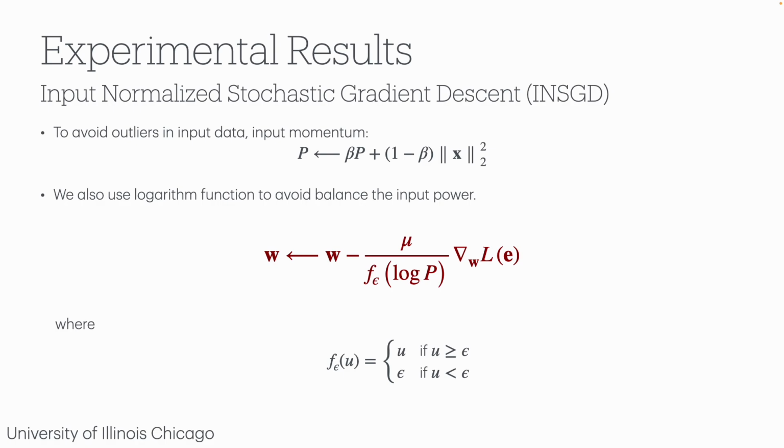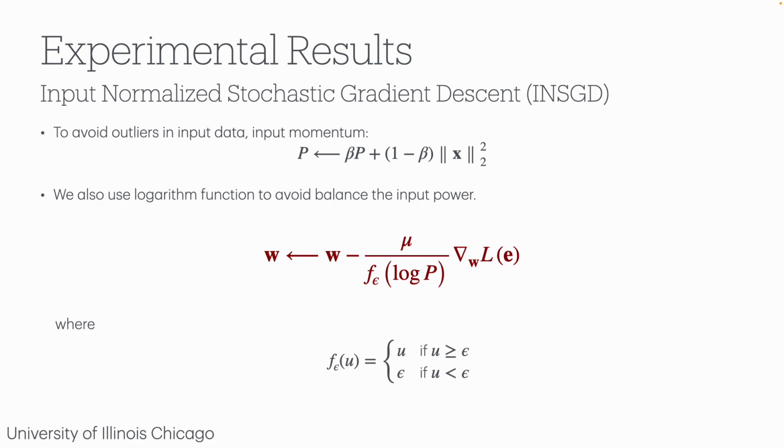Here, P is the weighted average of the square of the L2 norm of the input, but I want to add that the L2 norm is not really necessary. One can also use the L1 norm, as we did in our experiments. So having an L2 norm or L1 norm is a choice, and one can select either to train their model.